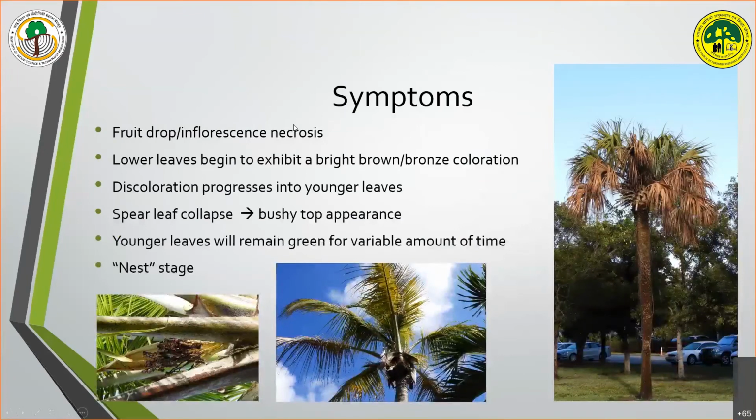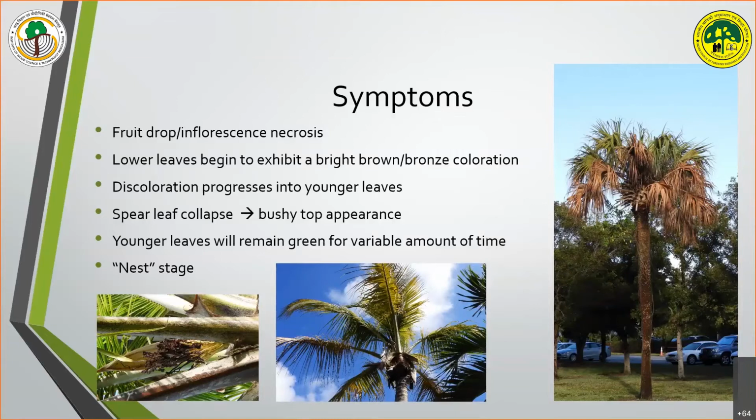So to go into detail on the symptoms that we see from these phytoplasmas, regardless of which subgroup it is, the symptoms are consistent among the different subgroups, where the initial symptoms that you're going to observe are premature fruit drop or inflorescence necrosis.